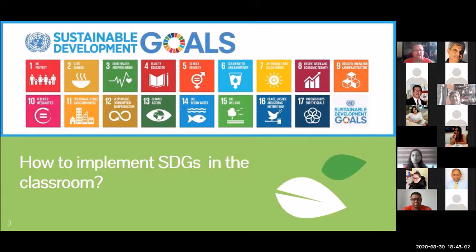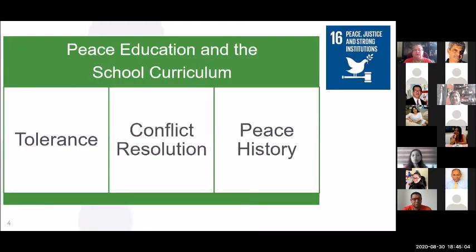So here, the first step would be to understand how peace education and the school curriculum are connected to any of these SDGs. In this case, I have chosen SDG 16, connected to peace, justice, and strong institutions. And in our curriculum, it's important to include tolerance.